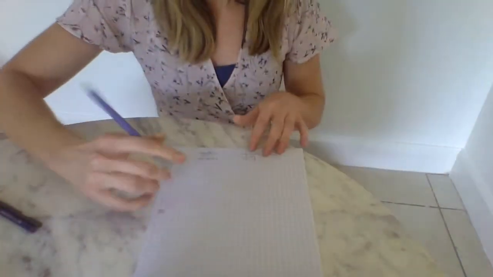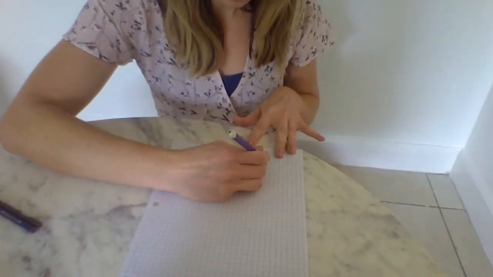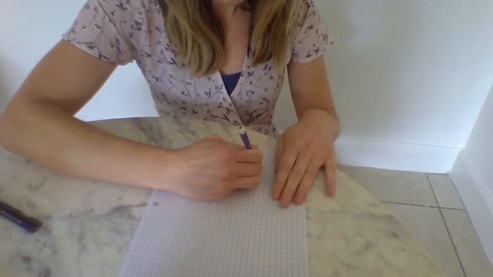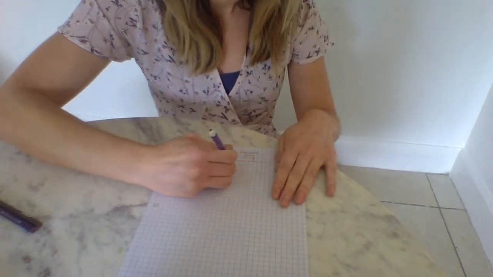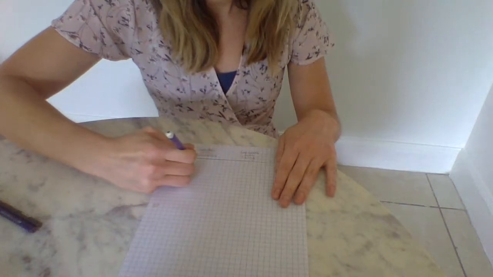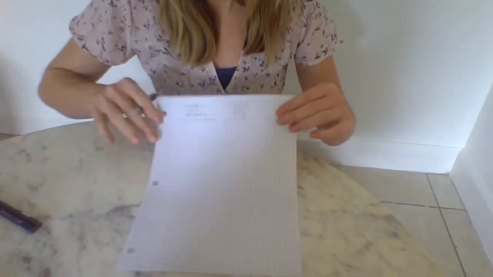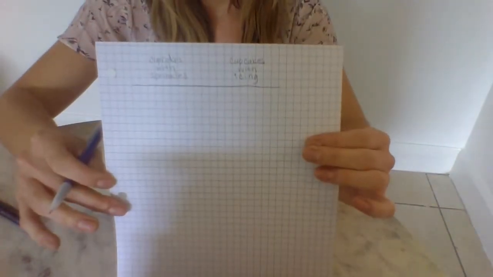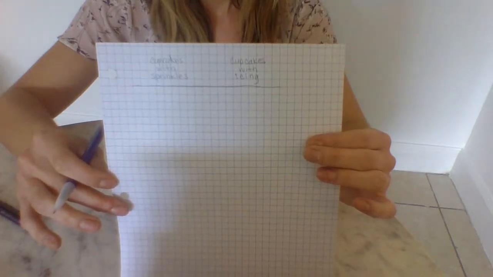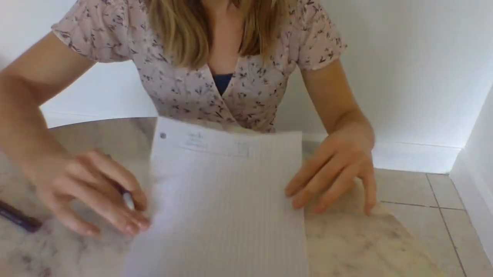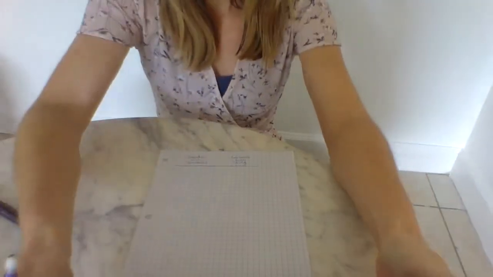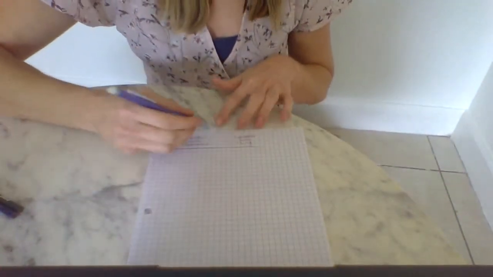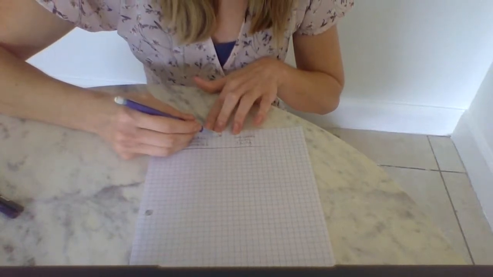Now I'll draw a line underneath both of these, and also a line going down the middle.